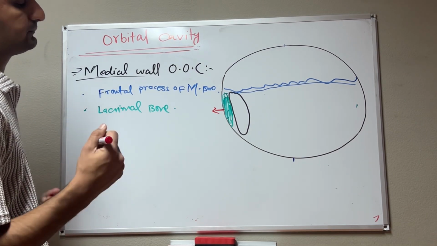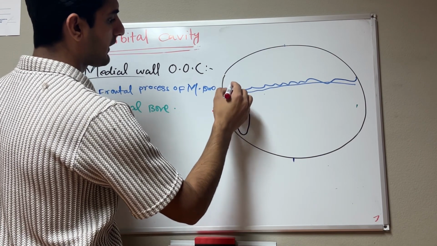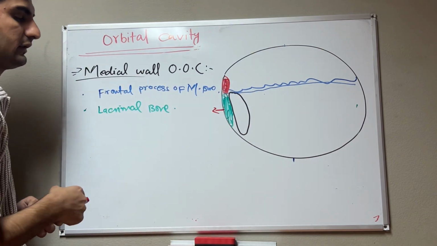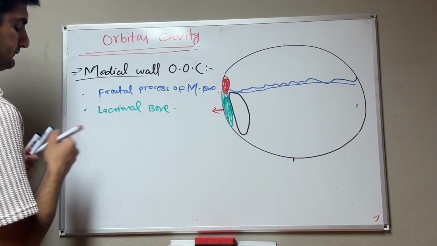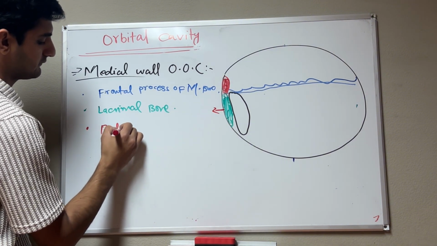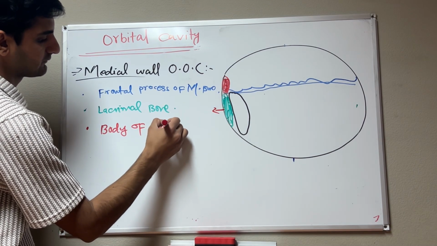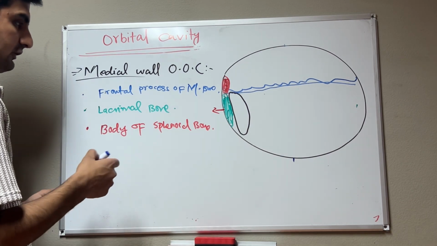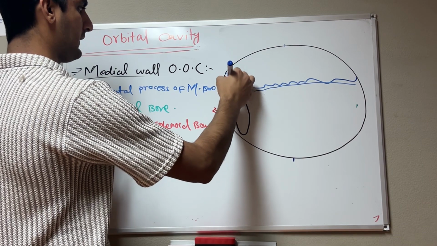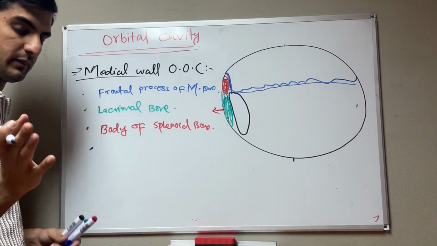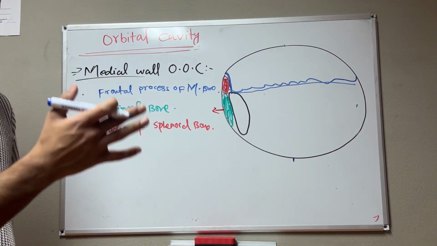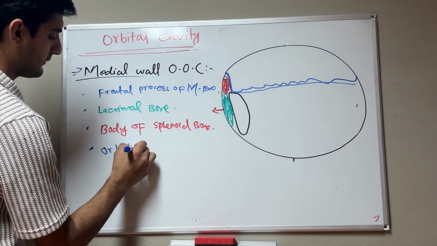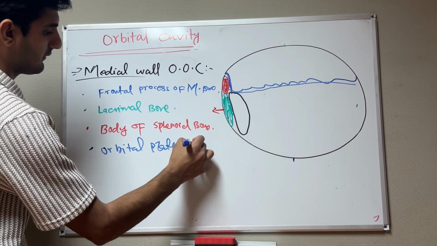Next, the body of the sphenoid bone takes part, the corpus of os sphenoidale. Also, remember when we discussed the os ethmoidale, the ethmoid bone, there we have the orbital plate of the ethmoid bone.